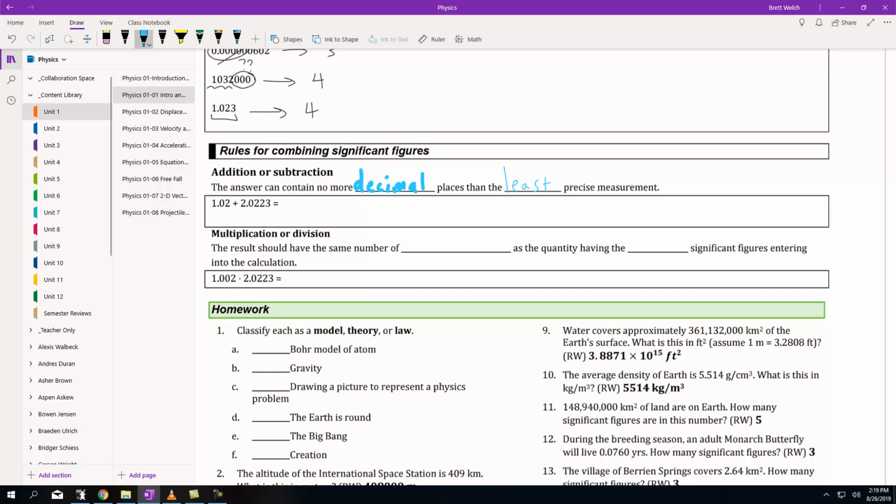So in this case, here's my least precise measurement. It doesn't have as many decimal places, so I have to cut off at that point, which means I can't really look at that 2, 3 at the end. If I add these, I get 3.04. Now, a lot of times it doesn't actually matter because it's not like that 2 was going to round the 4, but we do have to deal with just the numbers we have.